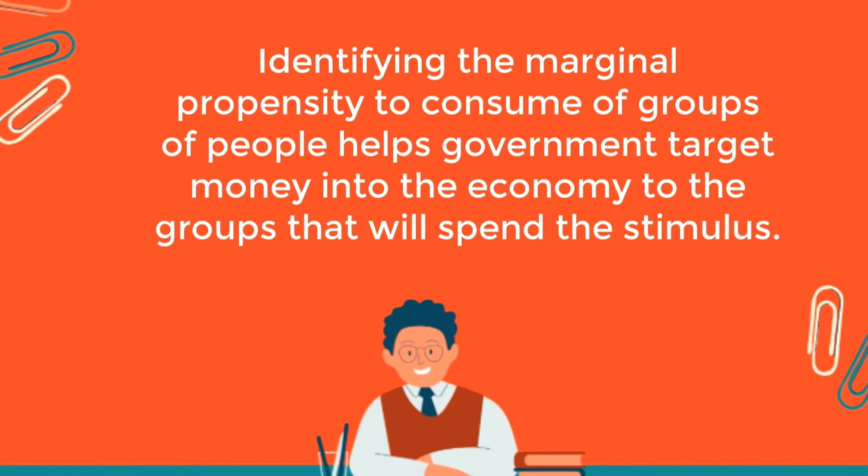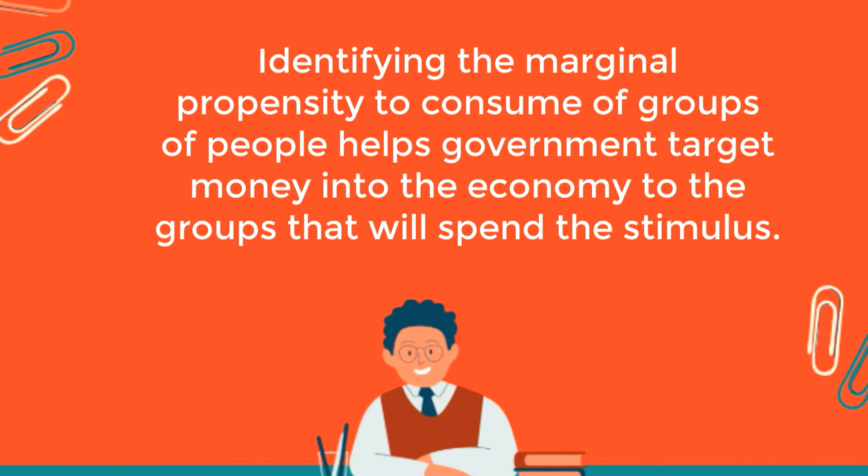This concept is important for two reasons. Firstly, when the government is attempting to stimulate the economy through government spending or a tax policy, it needs to know which sectors of the economy to target in order to get the biggest impact on GDP from its fiscal policy.